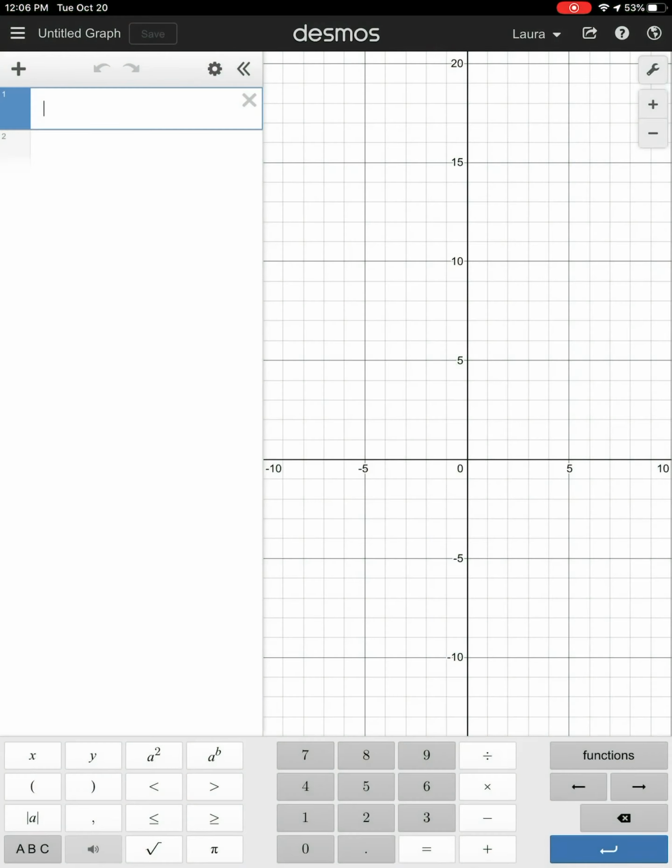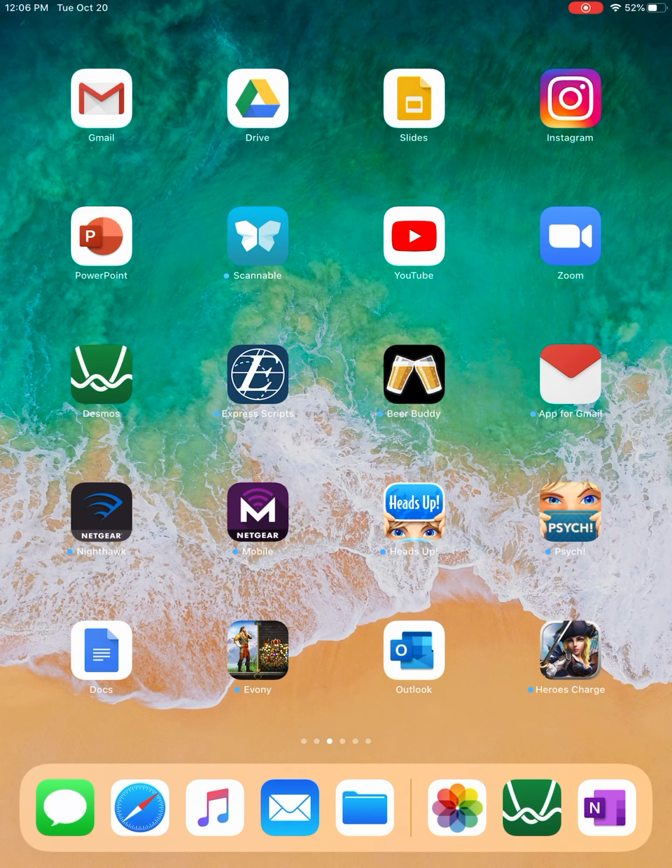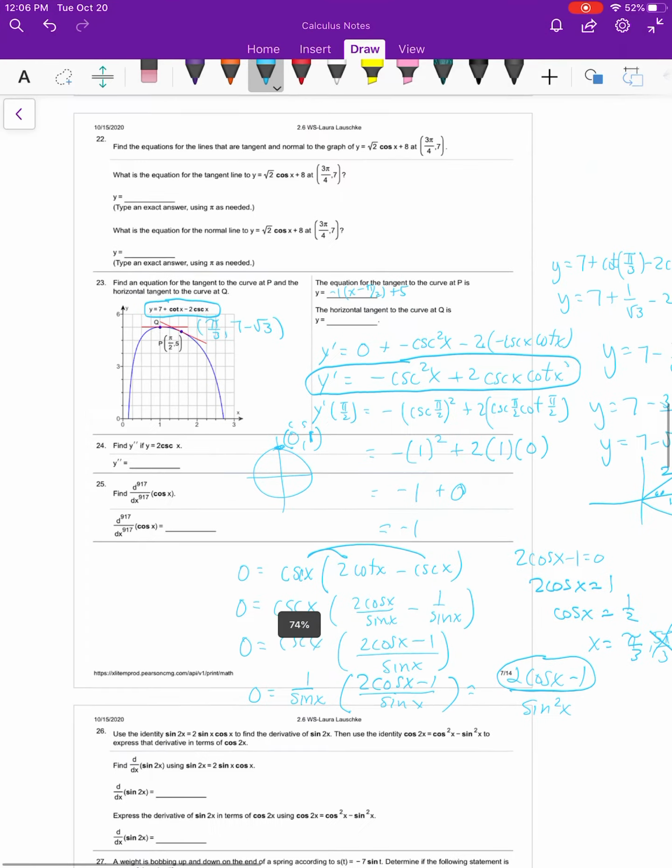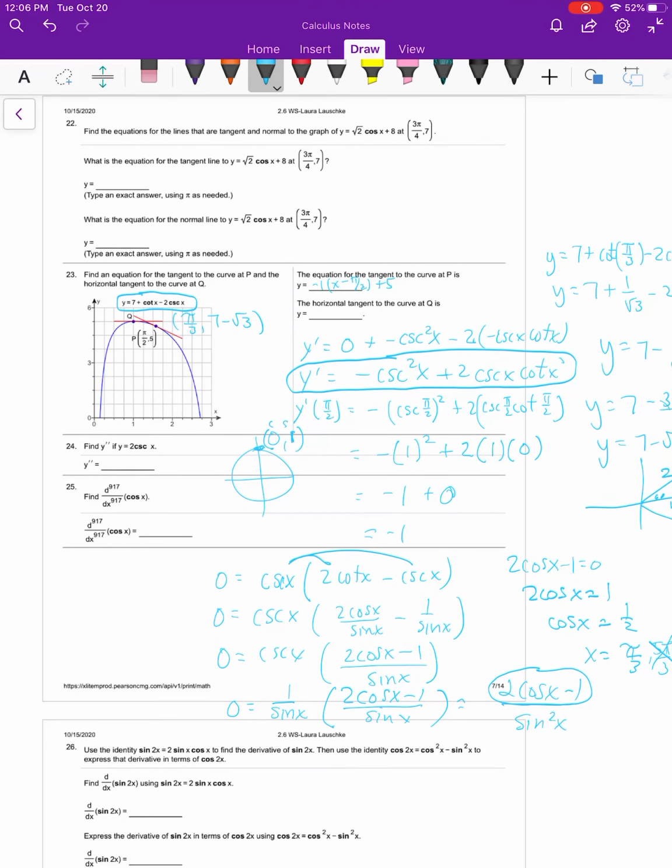If I go here, 7 minus root 3. Look at that. It's very close to 5, 5.2679. And on this picture, it looks like it's at the point 1, 5, but it's not.